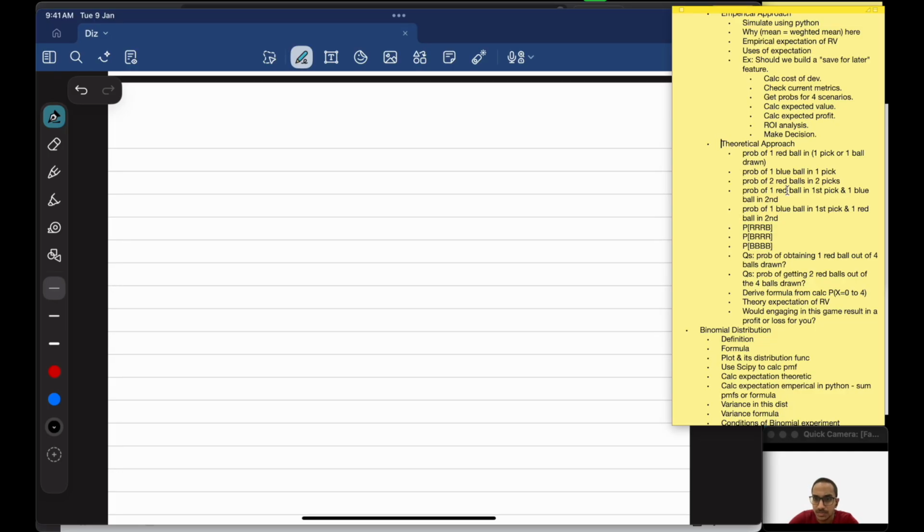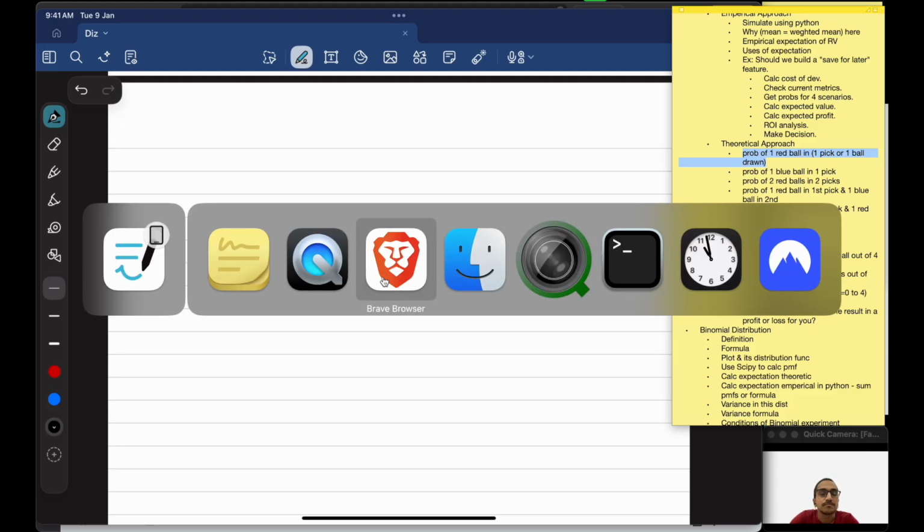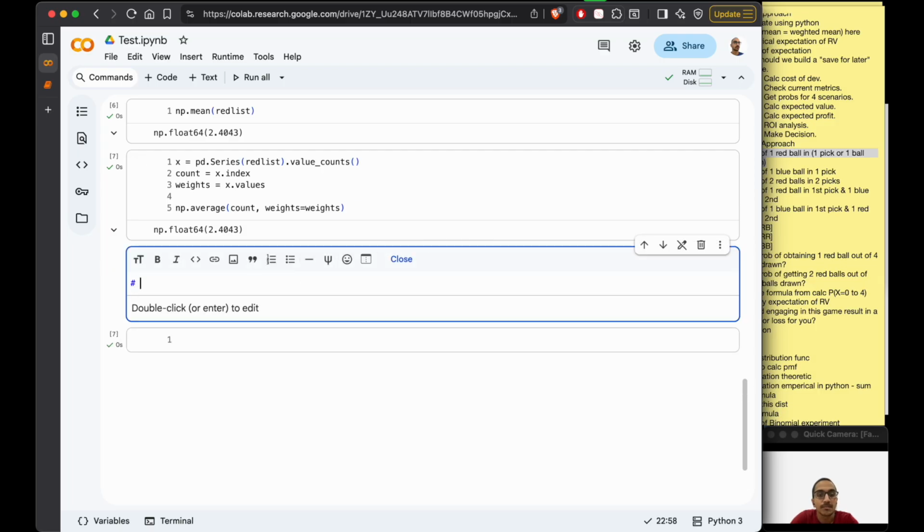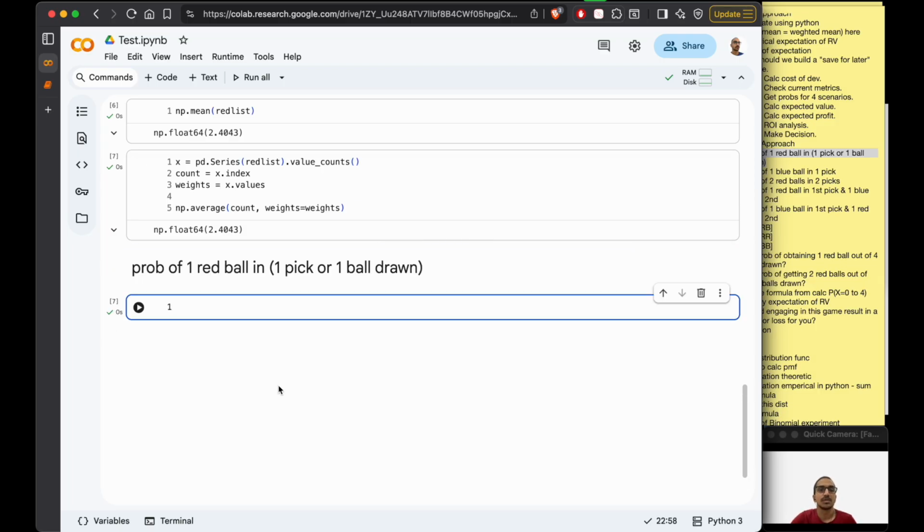So the first question is the probability of one red ball in one draw, or one pick. We can also rephrase it as: what is the probability of getting one red ball in one single draw? So this is pretty standard, right?